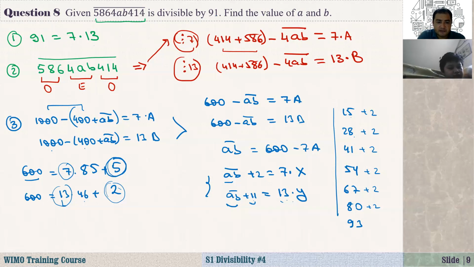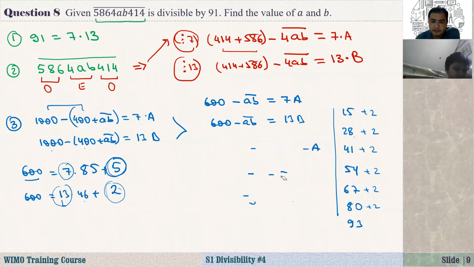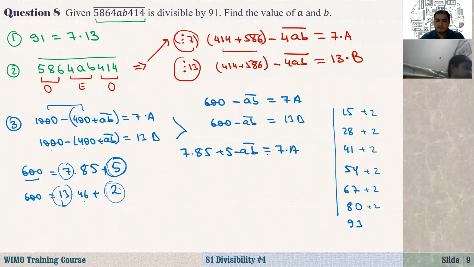Okay, so now if you just write there, it is 7, plus 2, AB. Okay, am I making a mistake here? Just a minute here. All right, so this 600, I can write it as 7 times 85 plus 5 minus AB is equal to 7 times 8.